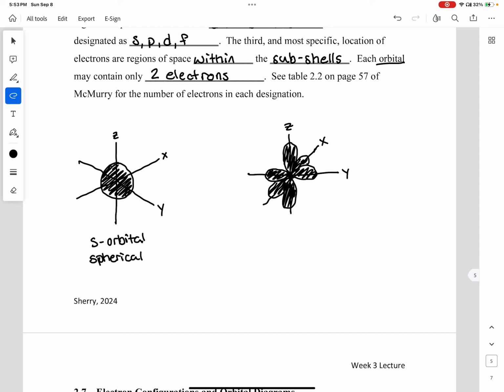Okay, so these are three p orbitals. There's px, py, and pz. Okay, dumbbell shaped. So each of these three orbitals can have two electrons in it.